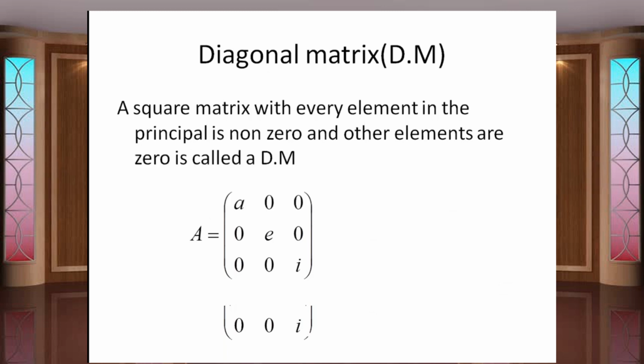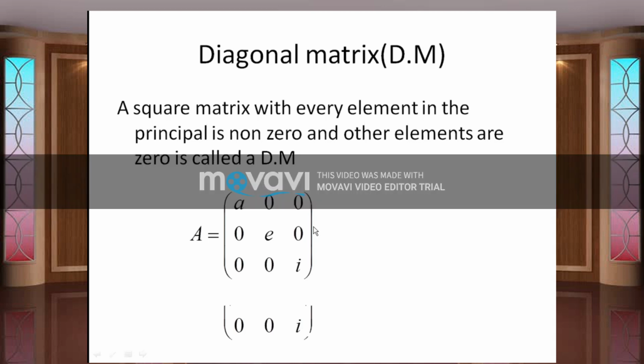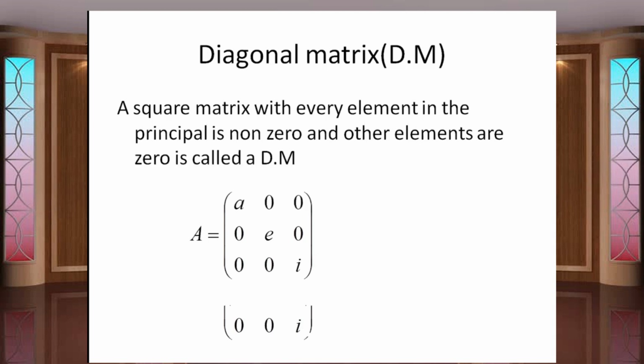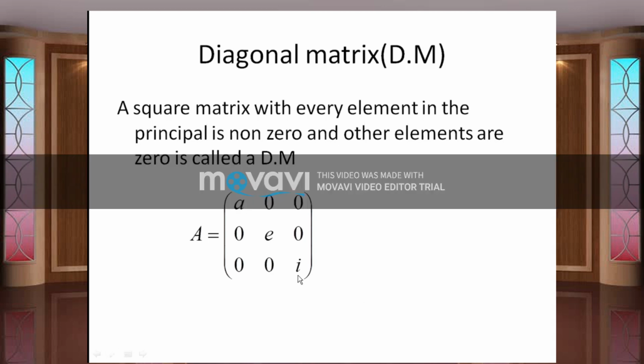So whenever you see this type of matrix, it will be a diagonal matrix. And it must be a square matrix, that means rows and columns will be the same. Otherwise, it cannot be a diagonal matrix. That's why a diagonal matrix is a square matrix where the elements in the principal diagonal are non-zero and the other elements are 0. It must be square, that's why it is given as a square matrix.